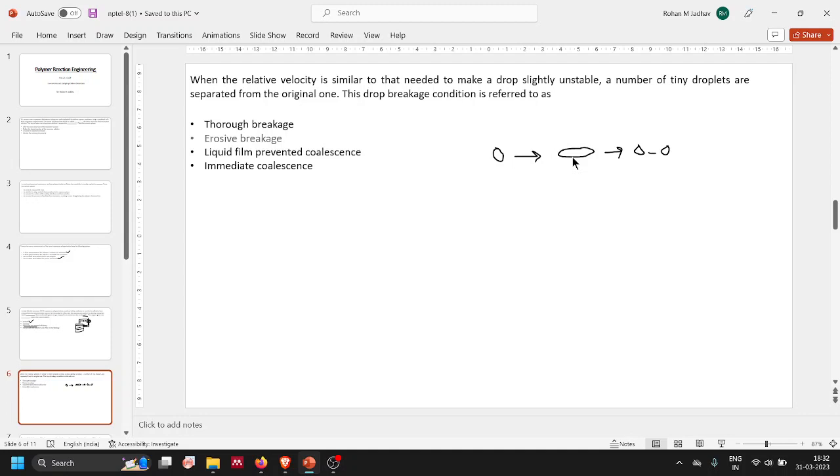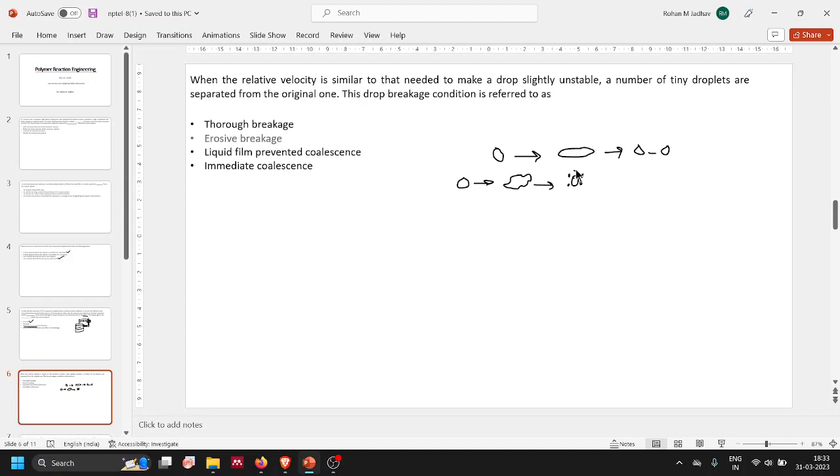In the next breakage condition, we have erosive breakage. In erosive breakage, the droplet starts eroding. It will first deform into a non-spherical shape, and the droplet will start losing its mass at the corners of the non-spherical parts of the drop.